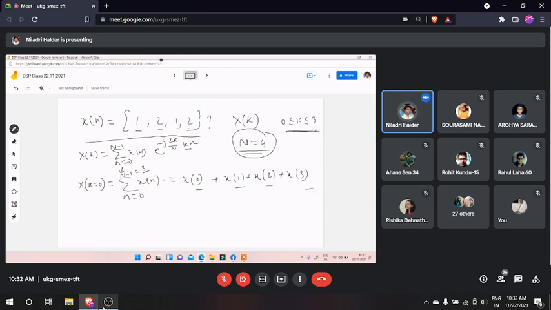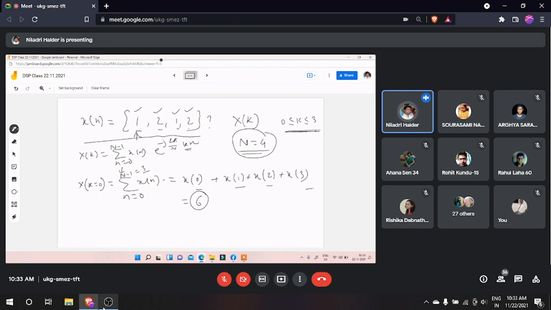Value of x0: all of you know, if the arrow sign is not provided, then the first point defines the 0th point. So from that point you start, that is x0, that is x1, that is x2, that is x3. So if you replace all the values 1, 2, 1, 2, it will be 6. That is your X 0.